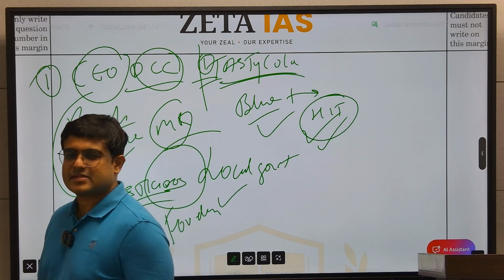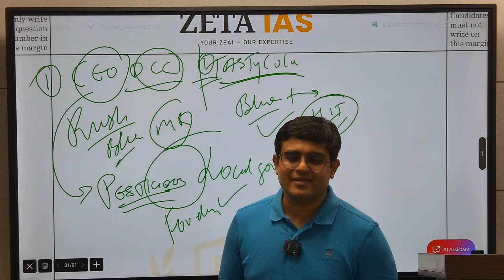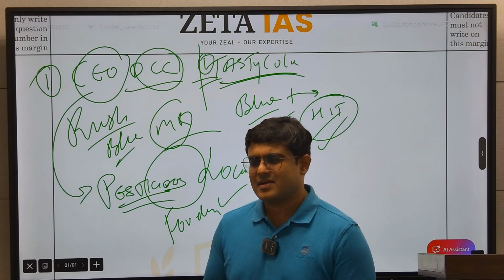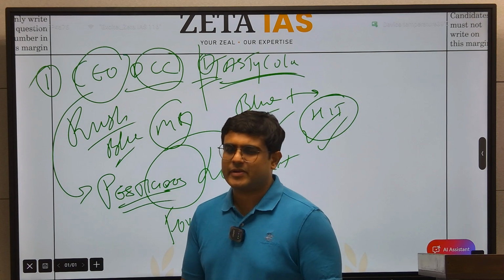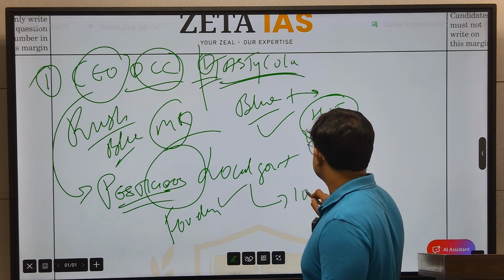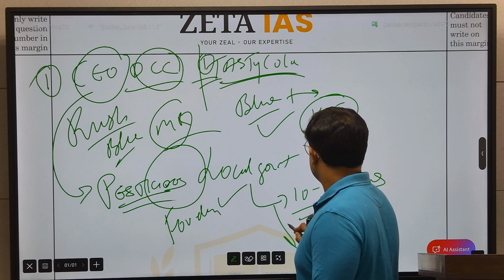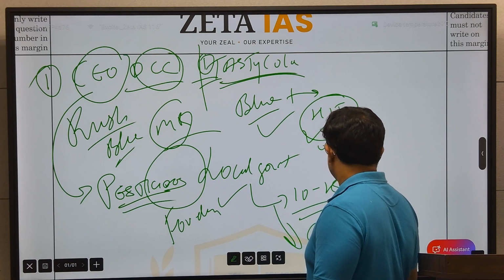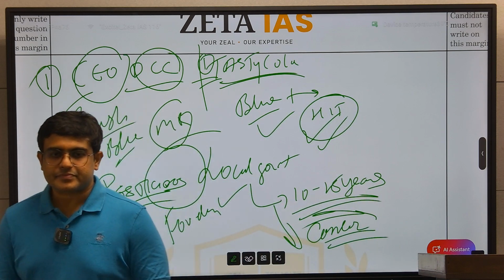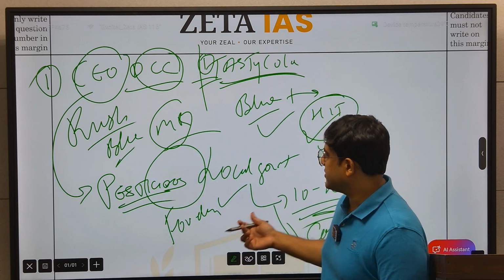And they say we will manage it with the authorities, so no one will come to know. But you come to know that it does not have an immediate effect, but after 10-15 years the effect will start to show. The effect is that it will lead to cancer. Cancer will happen and people will die. So this is the long-term effect.